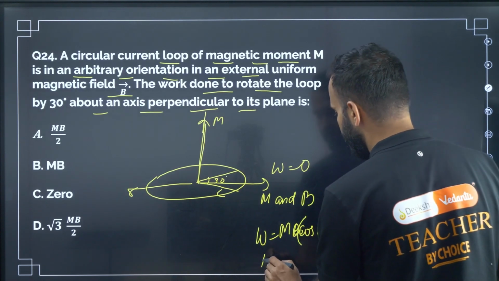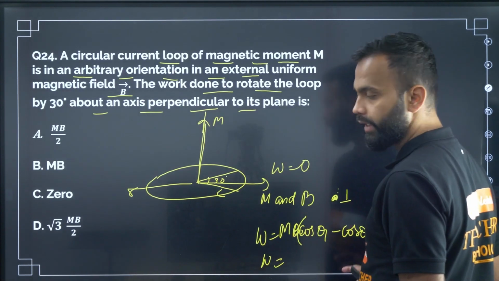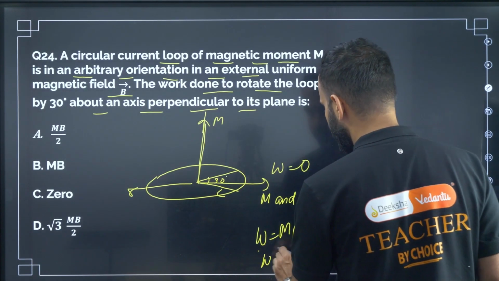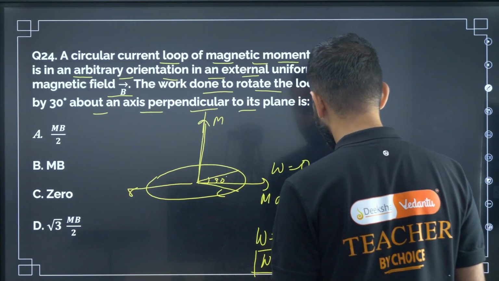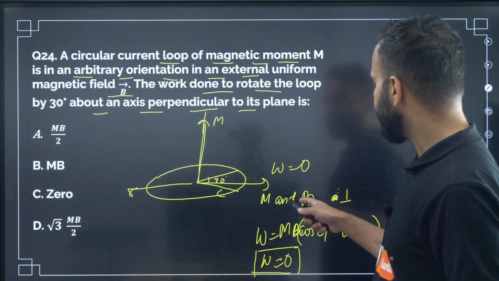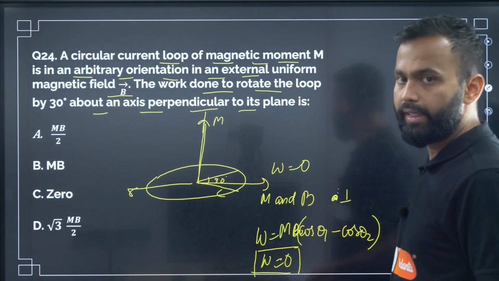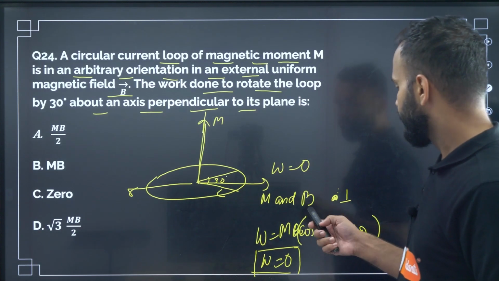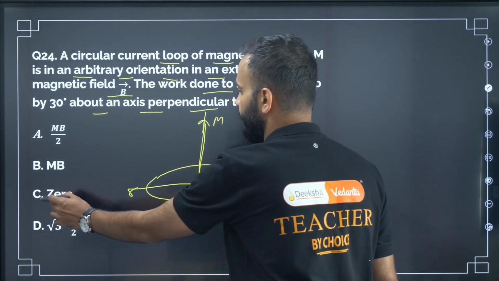So it will be 0 only. So work done is equal to 0. Theta is the angle between M and B. It is 90 degree. So cos 90 is 0, right? So option C is correct.